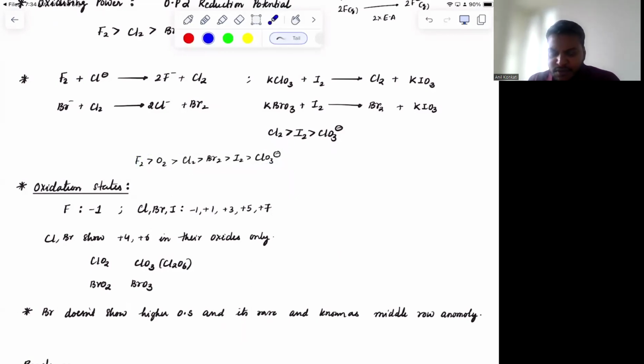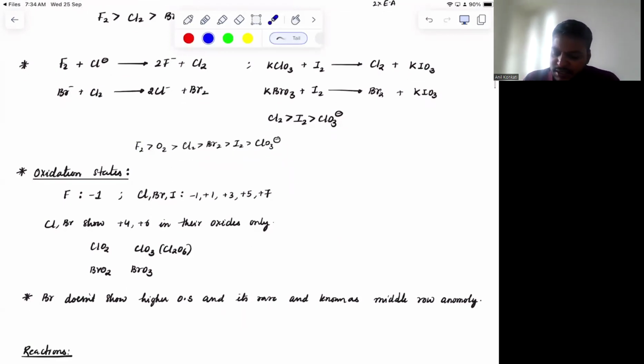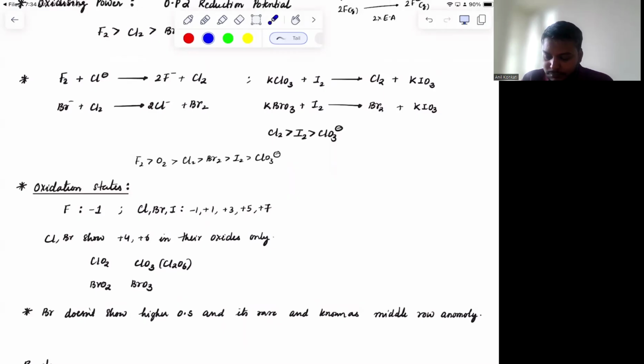So you will see here KClO3 plus I2 will become Cl2 plus KIO3. KBrO3 plus I2 will give you Br2 plus KIO3.